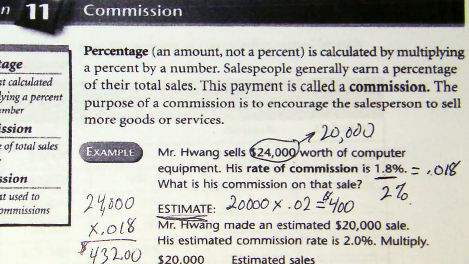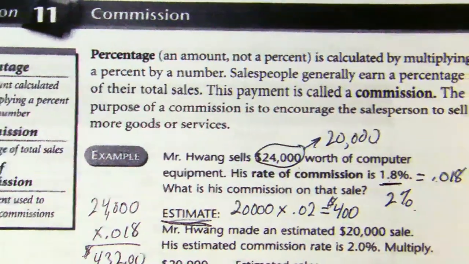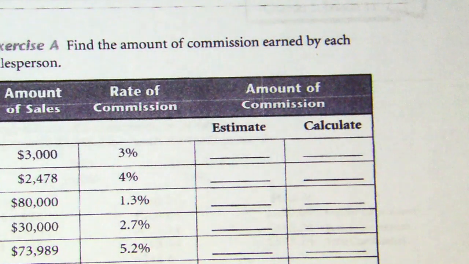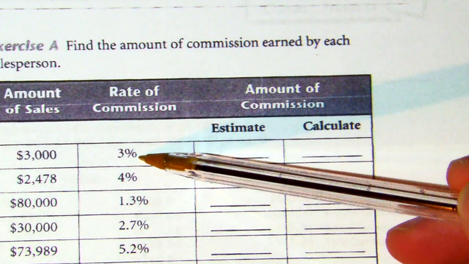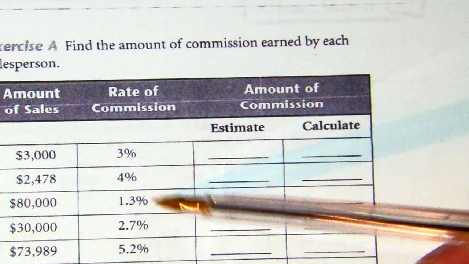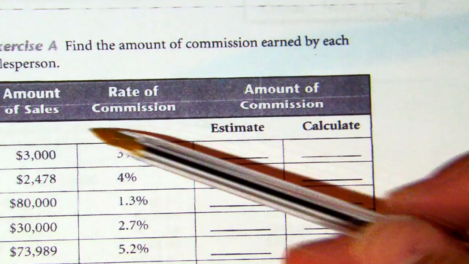Obviously in this case, you want the actual amount, and in reality, when you have a job, they take the actual amount. Okay, so let's take a look at some of the questions here in this section. We got a bunch of people here earning a rate of commission, 3%, 4%, 1.3%, and the amount of sales.